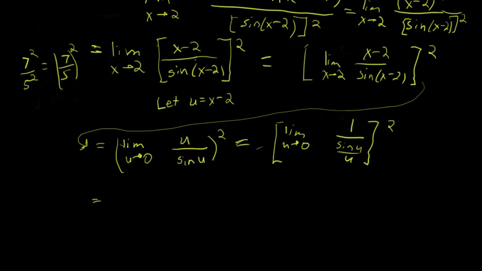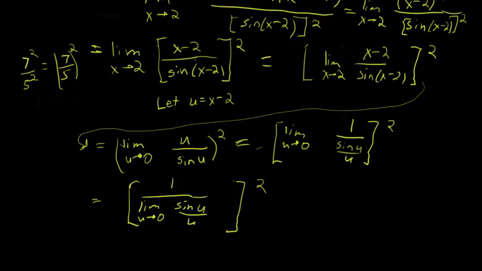And the limit of this reciprocal is the same thing as the reciprocal of this limit. So the limit as u tends to 0 of 1 over sine u over u is the same thing as 1 over the limit as u tends to 0 of sine u over u.